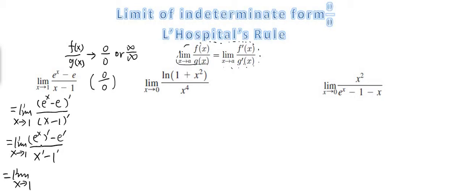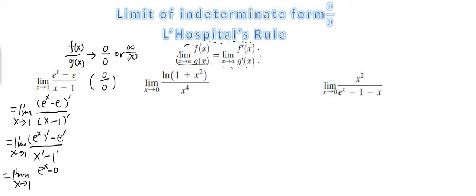The derivative of e to the power x is itself, and e is not an exponential function. E is a constant, so the derivative of e is 0. How do we identify whether something is a function or a constant?